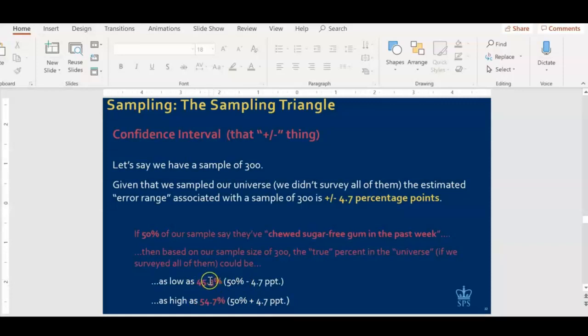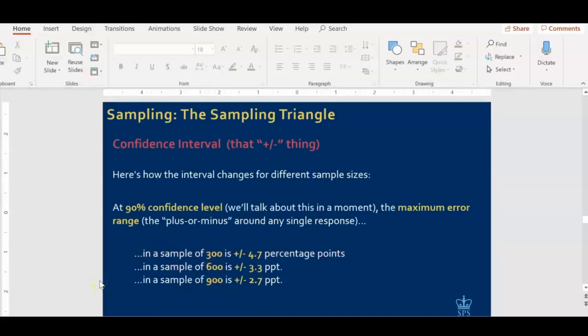So we know that for this study, our results would have come somewhere between 45% and almost 55%.